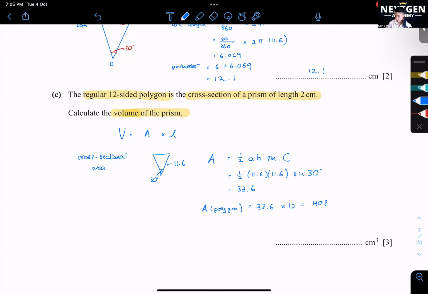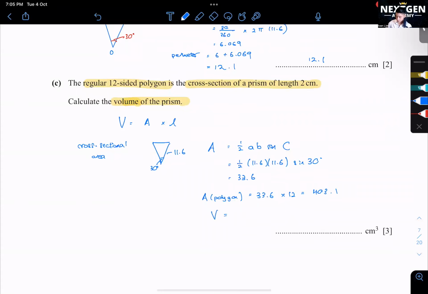Okay, if you use the exact value, you get 403.1. Volume is just area times length. So 403.1 times the length, which is 2. Okay, we round it up, it becomes 806.